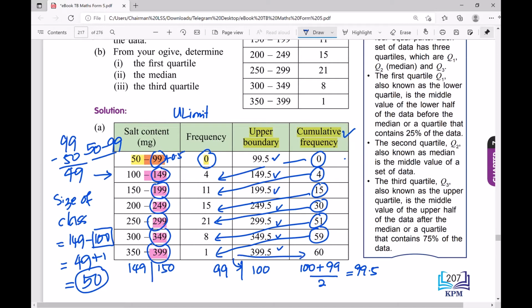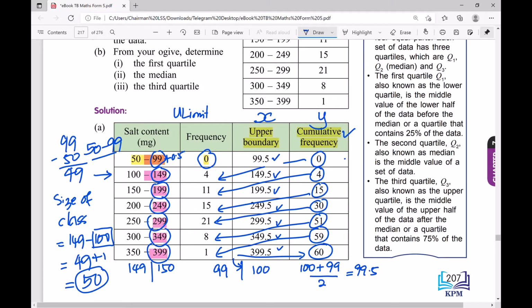And then finally, 60. With these two columns, the upper boundary will be your x-axis and the cumulative frequency will be your y-axis.